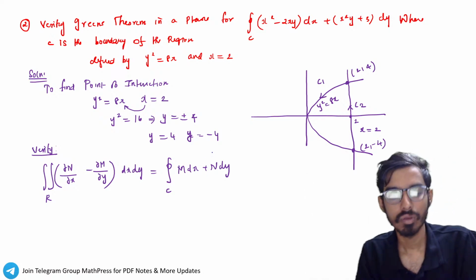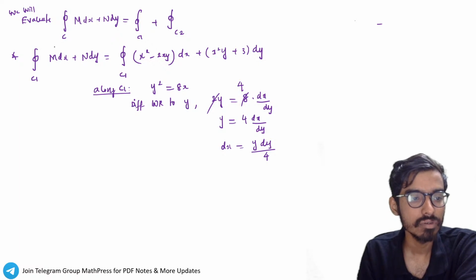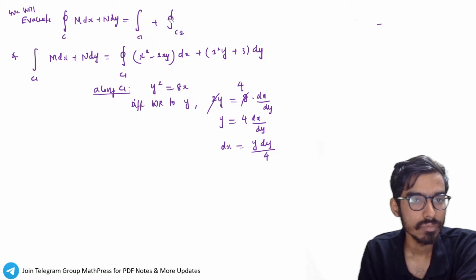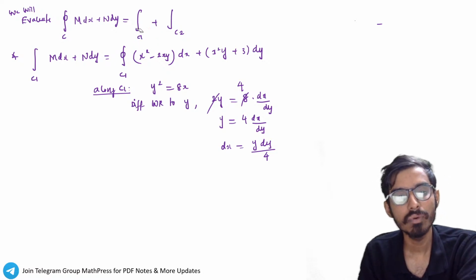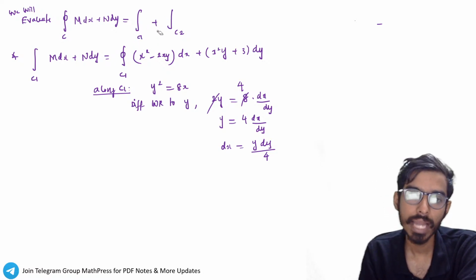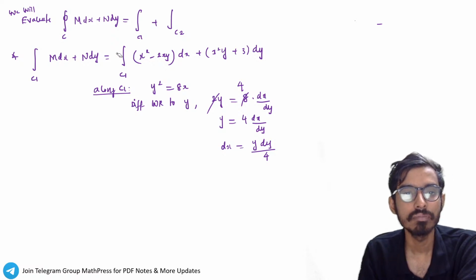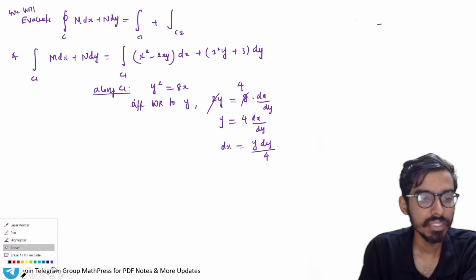C1 and C2 are not closed, but when you add them up, it will be closed, right? If you want, you can put the symbol here, but you don't need to. Okay. So I'm converting everything in terms of y.